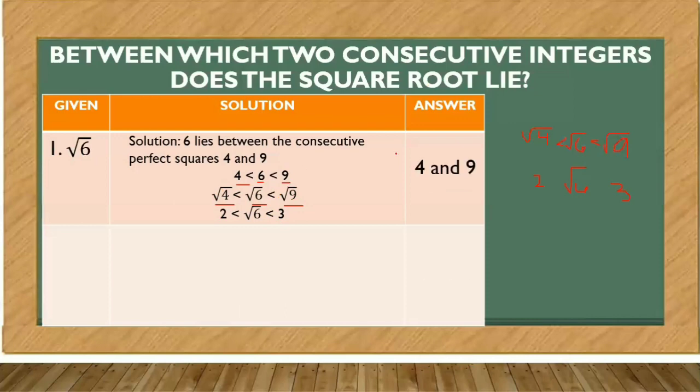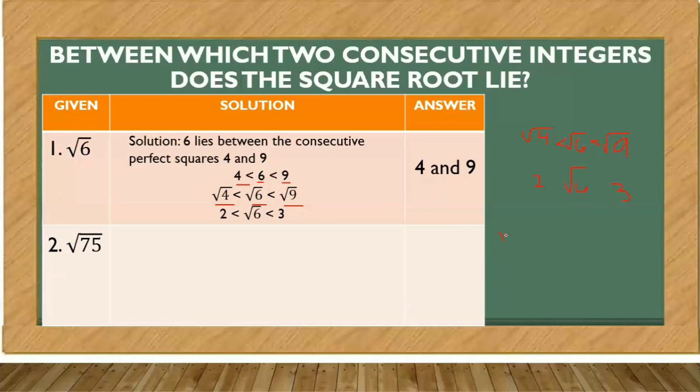The consecutive two numbers is 4 and 9. Dahil sila yung merong perfect square, then nasa gitna nila ay si 6. Alright? So that is the consecutive integers. Two consecutive integers. Another example, square root of 75. Sino yung number na merong perfect square na nasa gitna nila is 75?